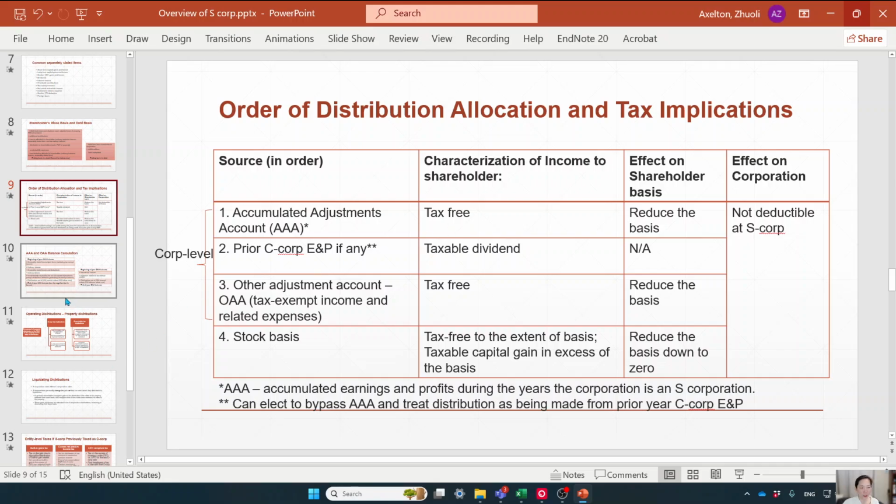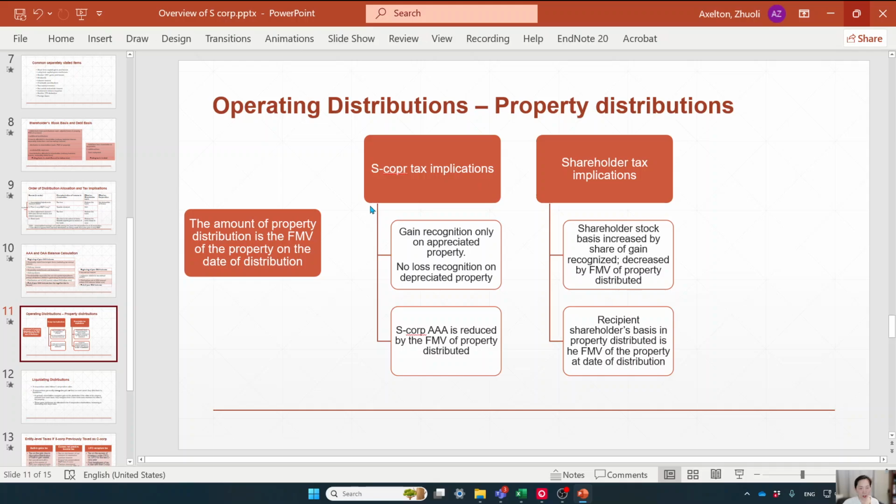The property distribution is singled out because there's an additional twist: the fair market value of the property on the date of distribution has to be determined. For cash distributions, cash is a commodity, so everything is pretty clear as far as the value. But for a property distribution, the first step is to determine the value.